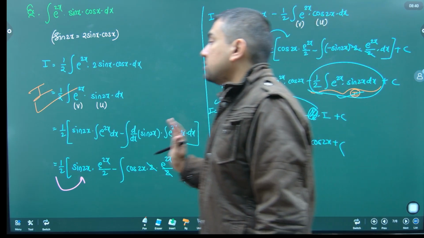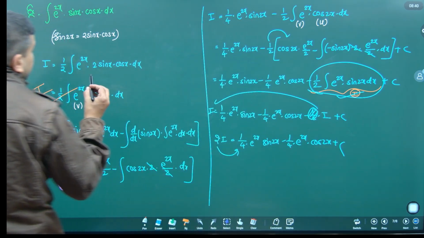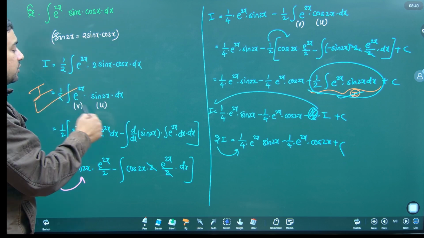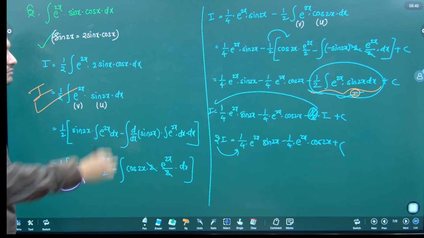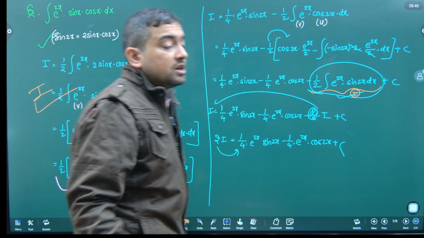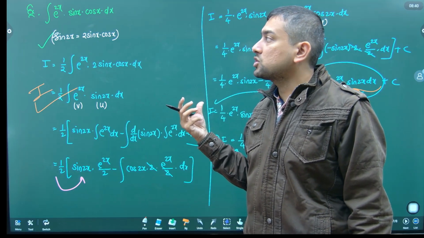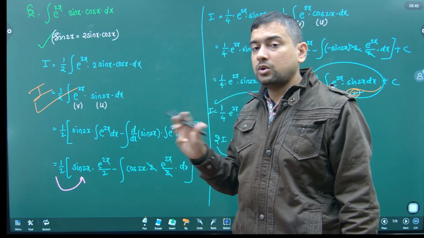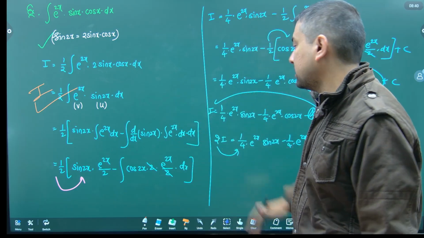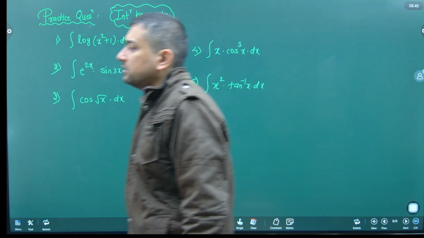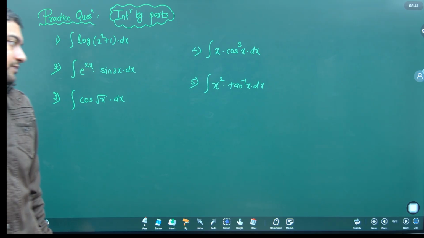Then this is also important. This is not directly given as u into v. So we converted this example into u into v by using the multiple angle formula, cos 2x. Instead of sin 2x, you may get a question based on cos 2x or tan 2x. So you have to use this concept there. And these are some practice questions which you need to solve.